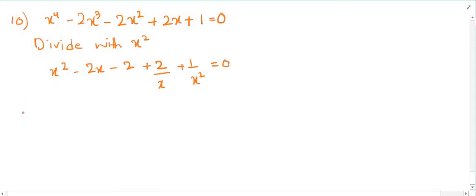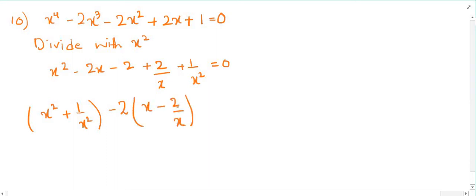Now combine the square and x and constant terms. This becomes x square plus 1 over x square minus 2 times x plus 1 over x, 2 is common, and the constant is 2.